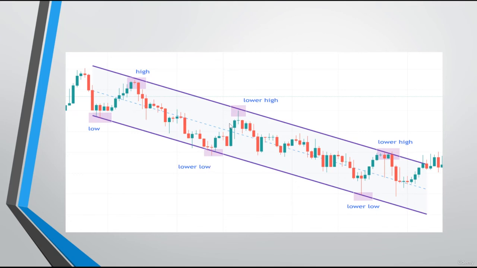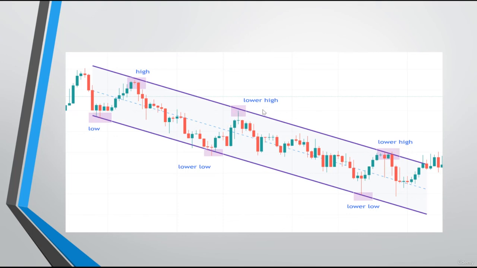Okay, but since this is lower than the other price, we call it lower high, and the same to the last one. And as you can see, this line can act as resistance. What kind of resistance? Of course, dynamic resistance.